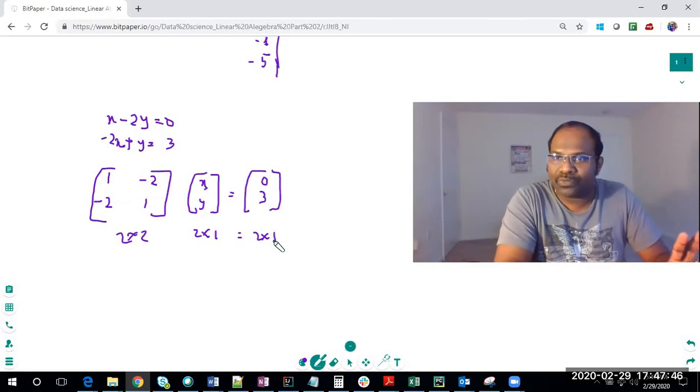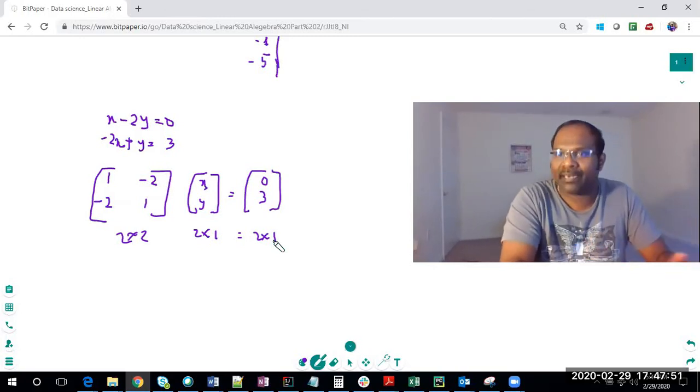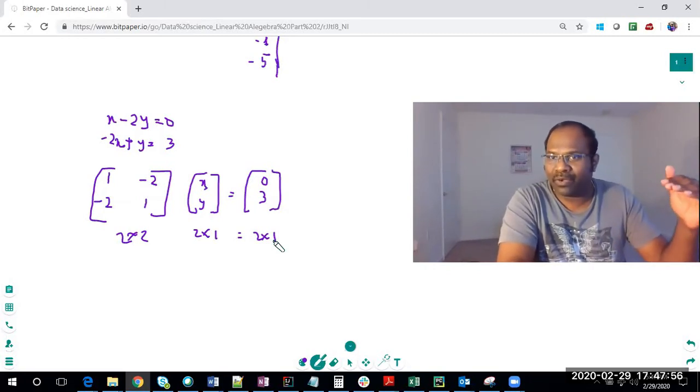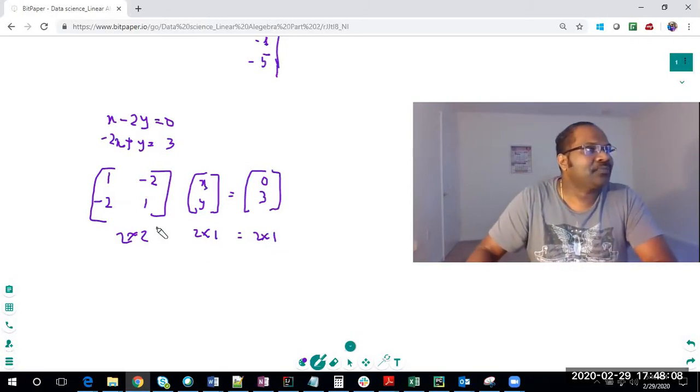To do a multiplication between two vectors or two matrices, the number of columns of the left side matrix should be equal to the number of rows of the right side matrix. So in this case, we are multiplying a matrix by a vector. If you look at the columns of this matrix, which is 2, and the rows of this vector, which is 2, they should be equal.